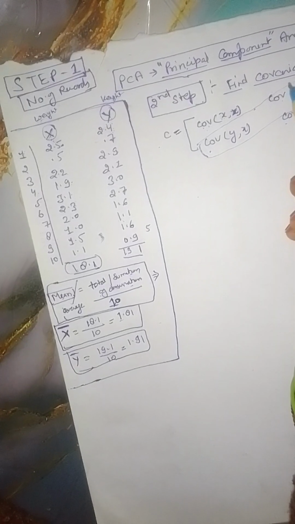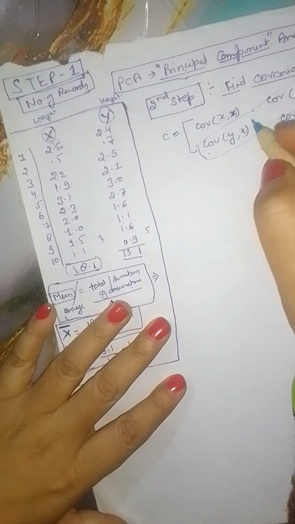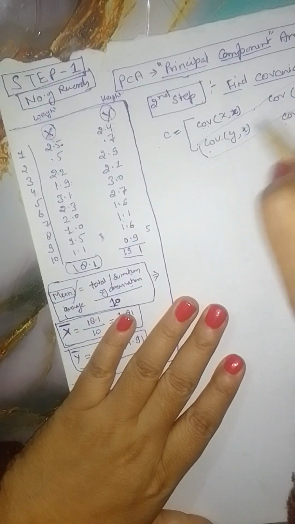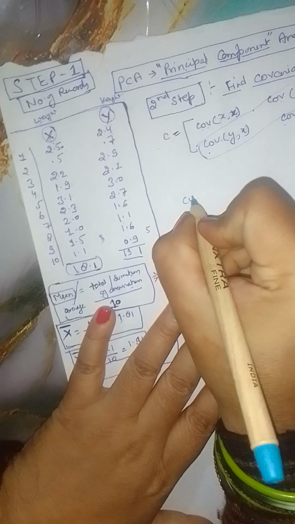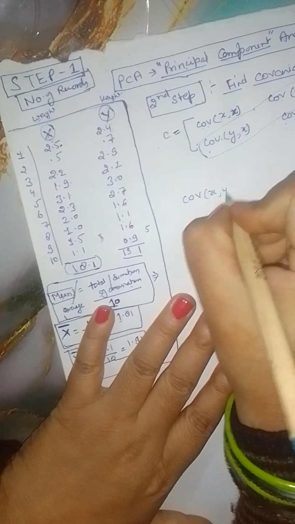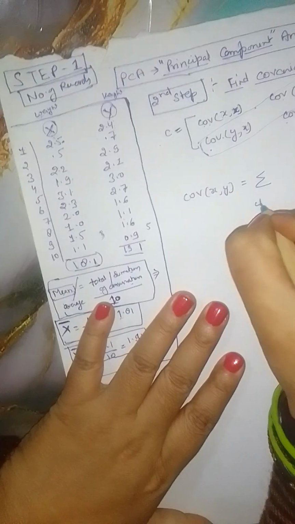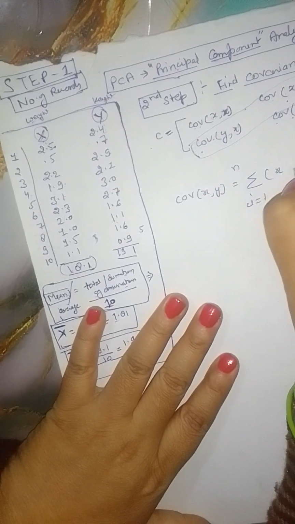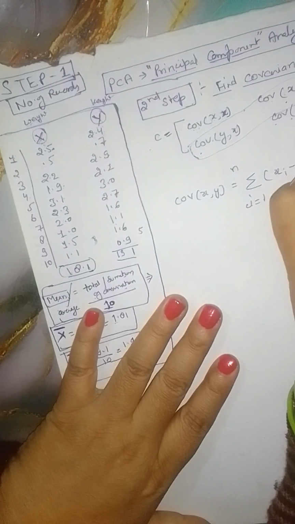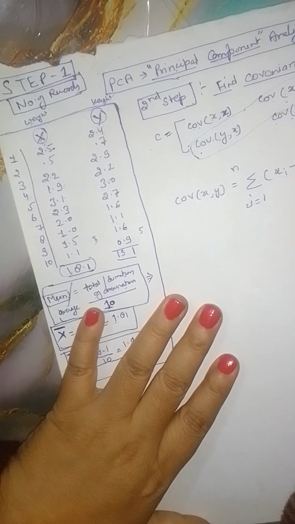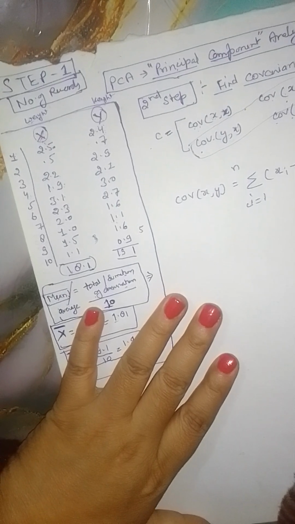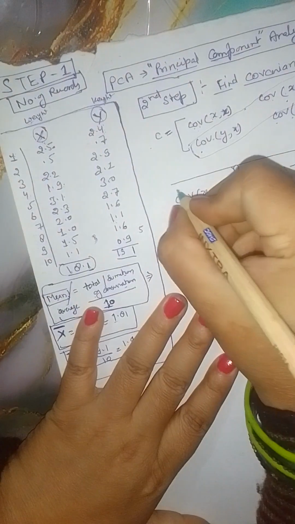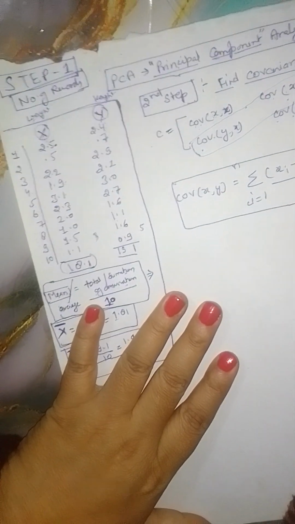So how will we calculate the covariance of xy? To calculate this, we will calculate the covariance of x y as summation of i is equal to 1 to n, and I am telling you the formula: xi minus x bar, yi minus y bar, divided by n minus 1, fine.